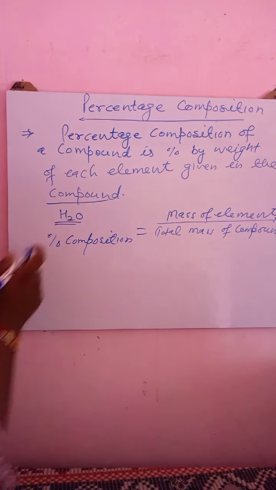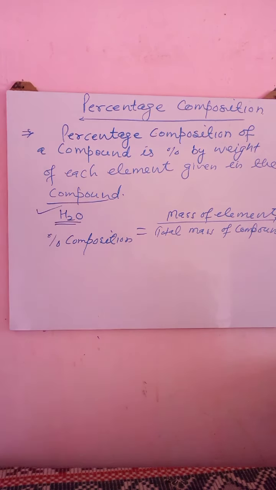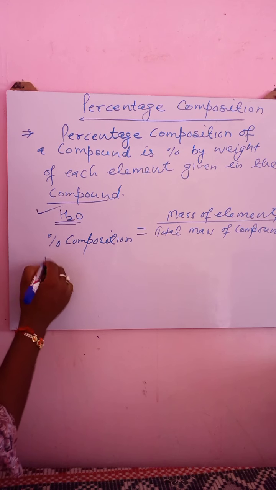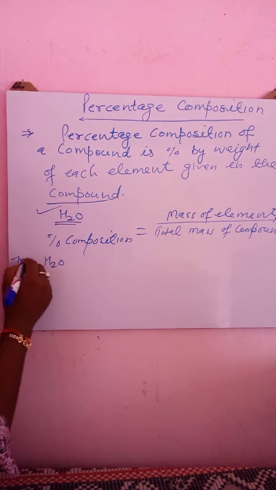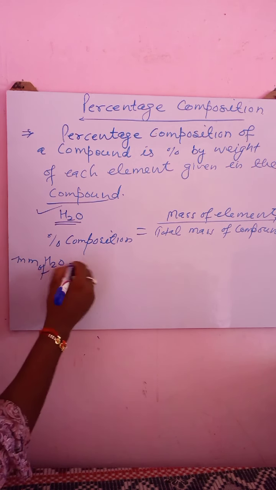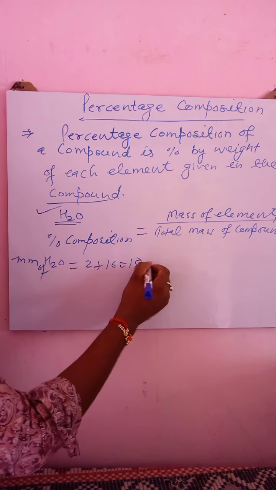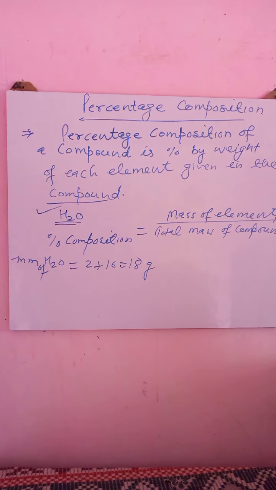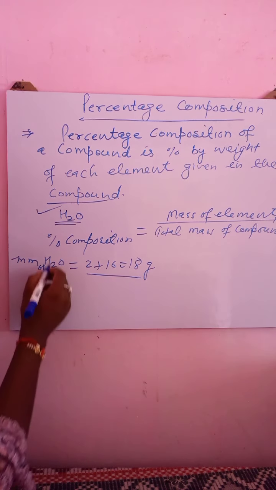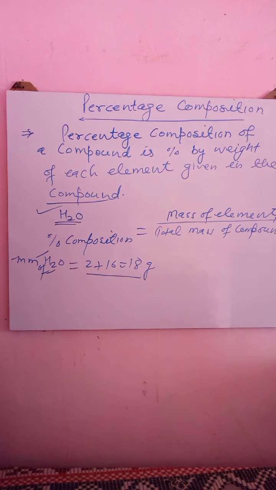For example, find out the percentage composition of the water molecule. Let us understand the molecular mass of water. The molecular mass of water is equal to 2 plus 16, which is 18 gram. Molar mass is 18 gram. Now, first of all, we will calculate the percentage composition of hydrogen, then oxygen.